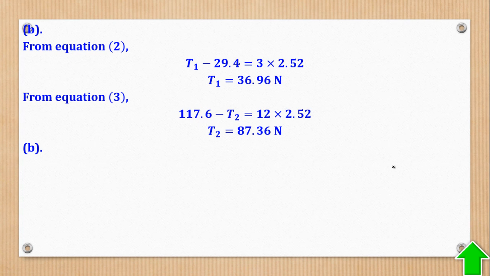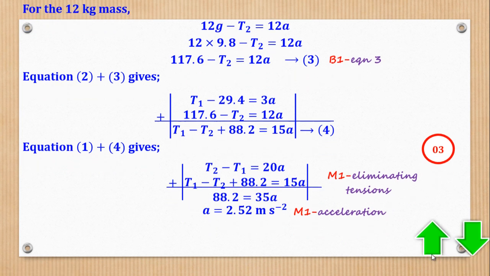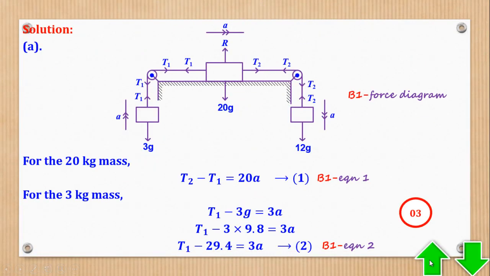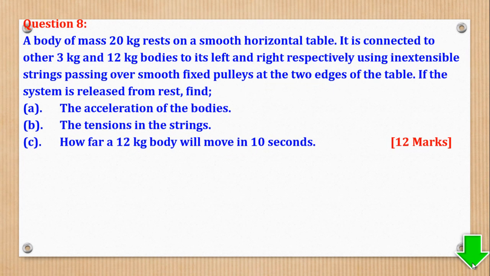Then part C. So part C, let's see what they asked for. Part C, they said how far the 12 kilogram mass body will move in 10 seconds. So you have the time, you have the acceleration. They said it was released from rest, so you have the initial velocity.